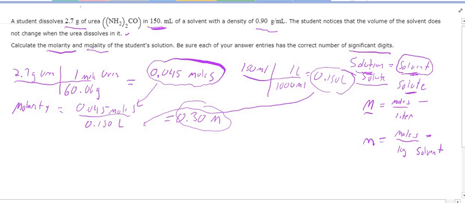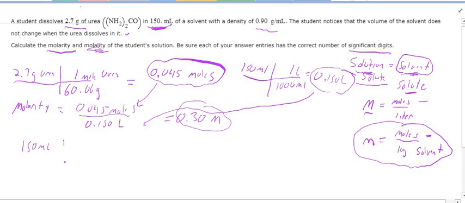I also have to do the molality. Remember, molality is going to be moles per kilogram of the solvent. Well, I don't know the mass of the solution itself, but I can calculate the mass of the solution by using the density. I know that there are 150 milliliters.